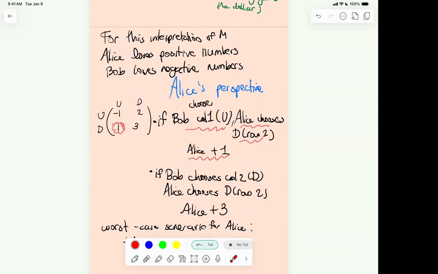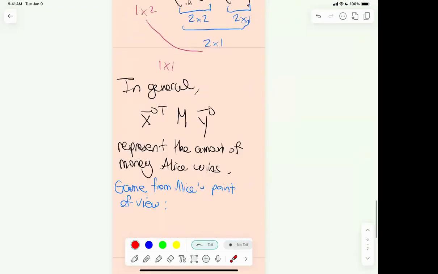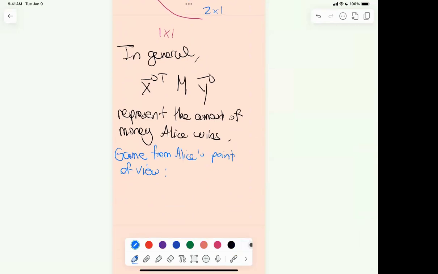The probabilistic analog of that is to say, what if Bob chooses column one with probability y1, and column two with probability y2?